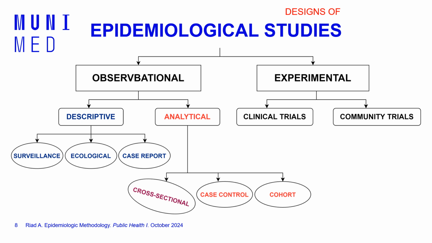Then within the observational study group, you have another dichotomy, which is descriptive studies versus analytical studies. The difference is that descriptive studies only describe the disease without any intention to find out the potential reasons or potential risk factors for this disease.